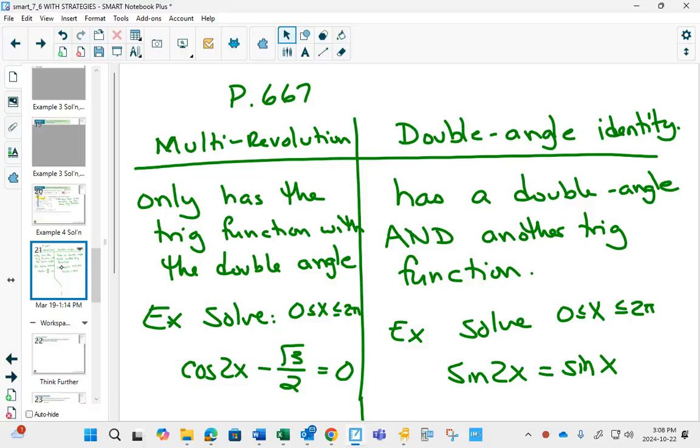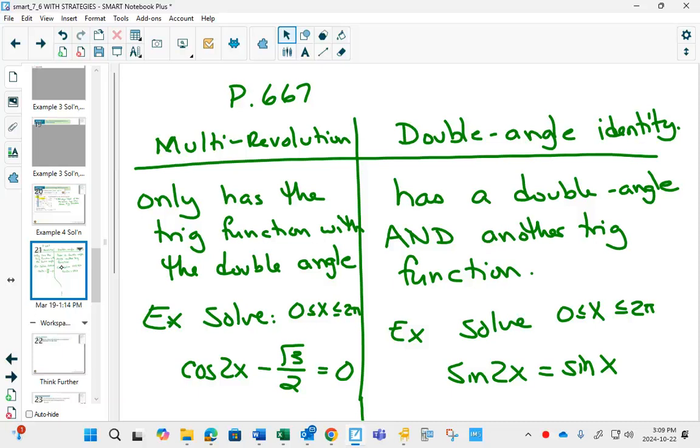But now sometimes 2 thetas are double angle identity questions instead of multi-revolution questions. See what I mean? Learning something new makes something previously easy a little bit harder. Now you have a choice, and depending on what you do, it might work or might not work.